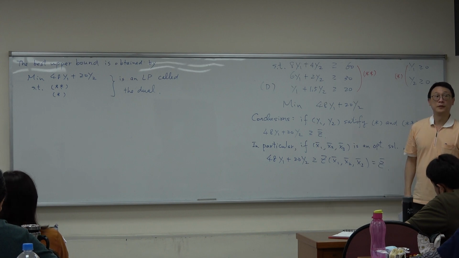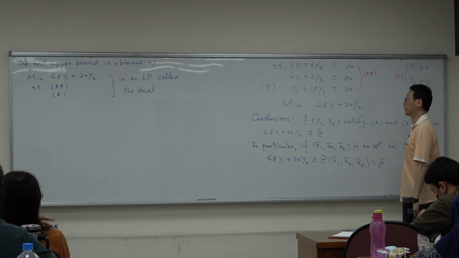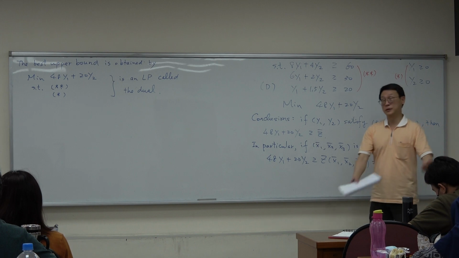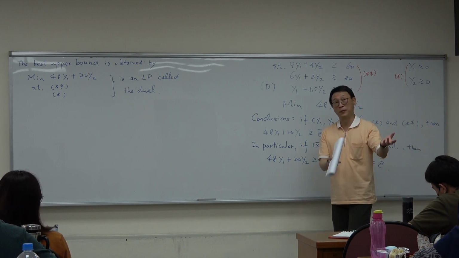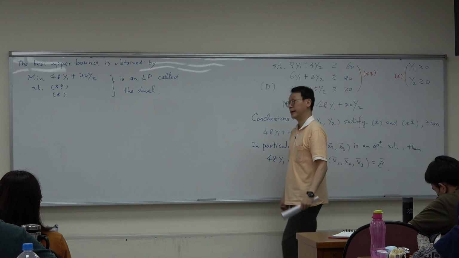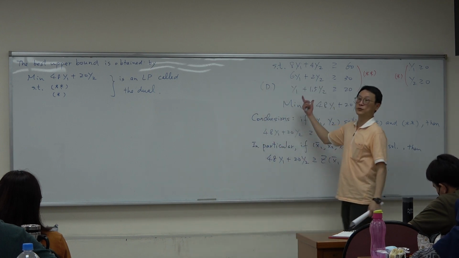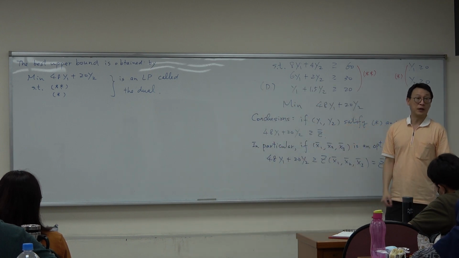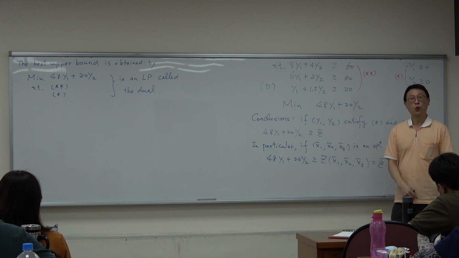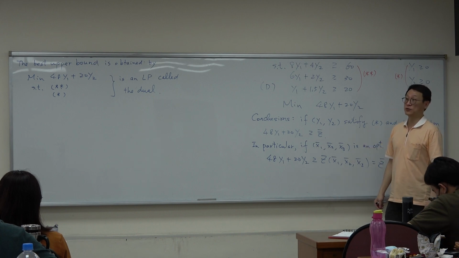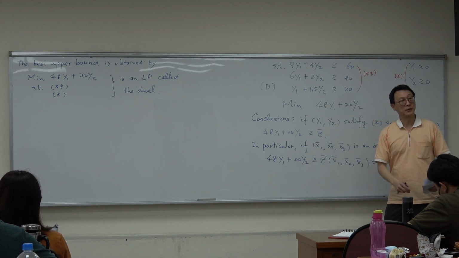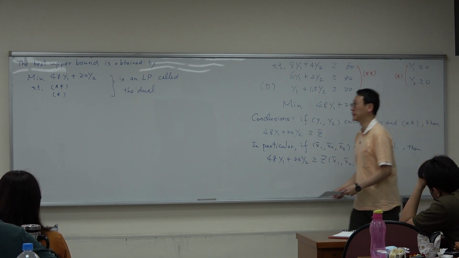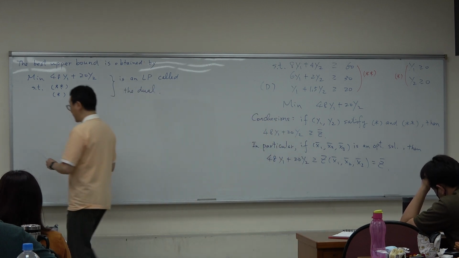That's why, probably a long time ago when you learned operations research, I gave you a primal problem and asked you to transform it to dual. Yes, you know how to transform it to dual. But the reason behind why we need this transformation, we don't know that. Here we try to explain that to you. Okay, that's our reason.